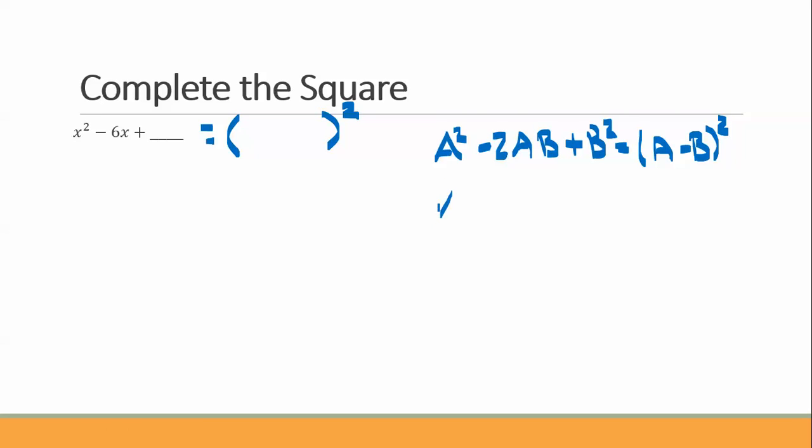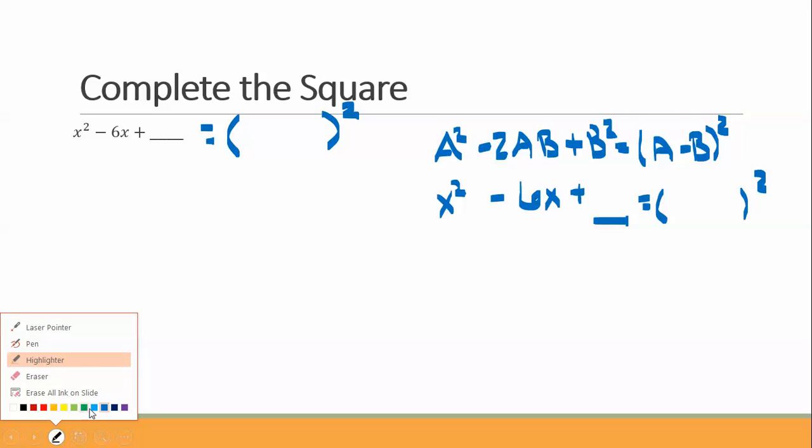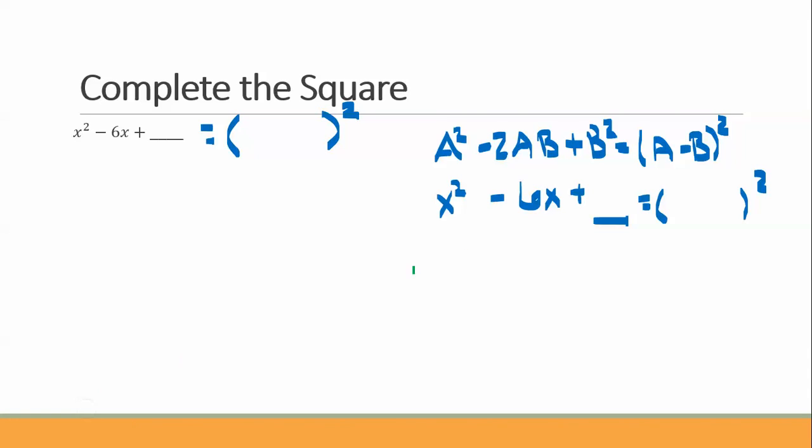So here, we have x squared minus 6x plus something, and we want that to be something squared. Notice this matches up here. So we have a squared is x squared, so a is x.